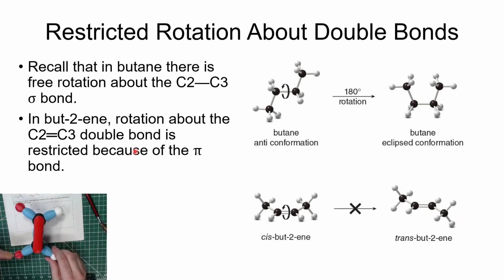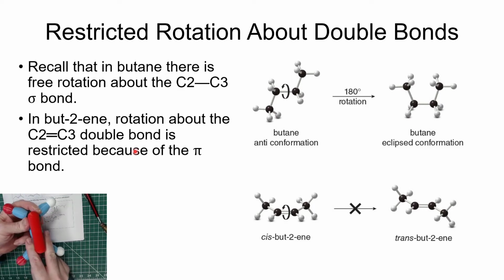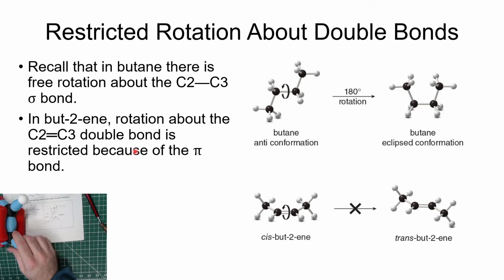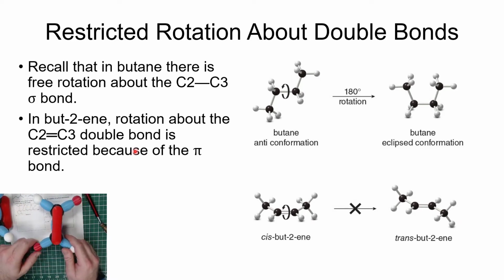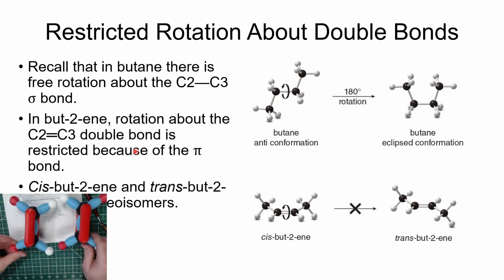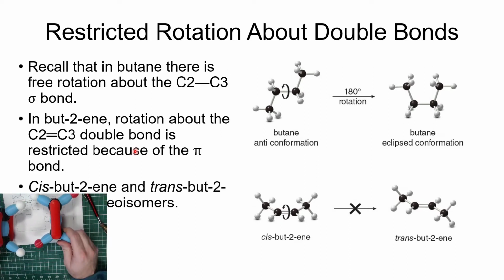So here you'll notice the two red atoms are on the same side of the carbon. I cannot rotate about that carbon so that they become on the opposite side. Whereas here I've got the two red atoms opposite each other. So the one where they are closer to each other, we would call that cis, and the ones where they are further away, we will call that trans.